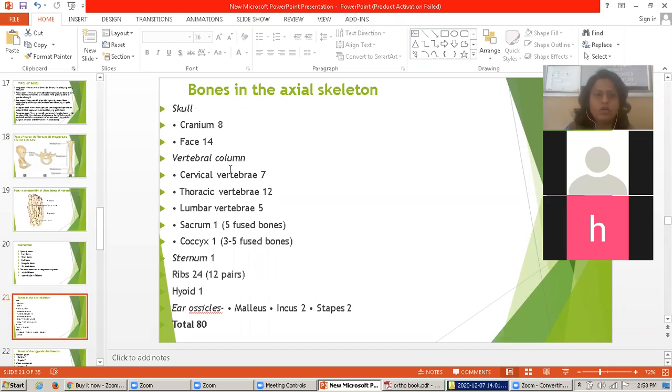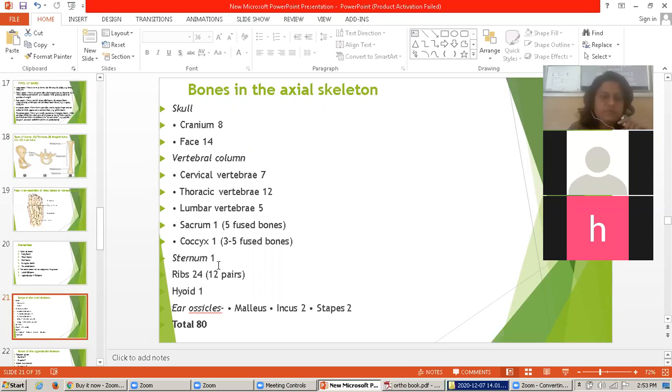Then the vertebral column: cervical vertebrae contain 7 bones, thoracic vertebrae contain 12 bones, and lumbar contain 5 bones. The sacrum contains one bone, in which five bones are fused to form the sacrum. And the coccyx: when three to five bones are fused, the coccyx is formed, that is one bone.